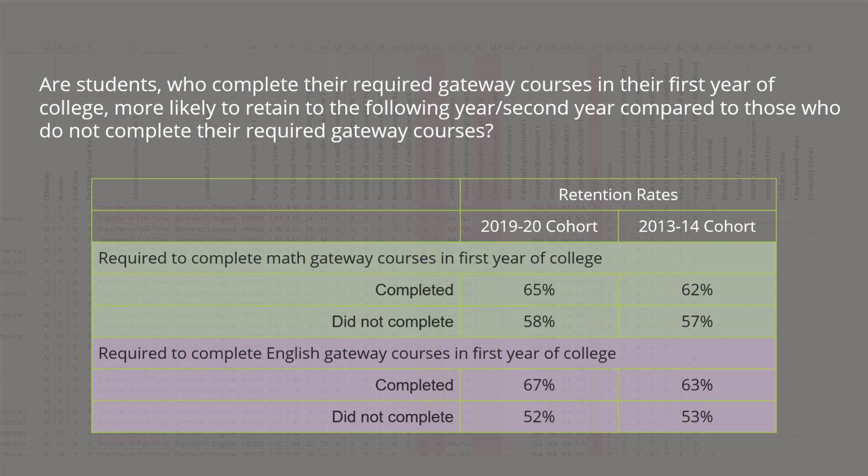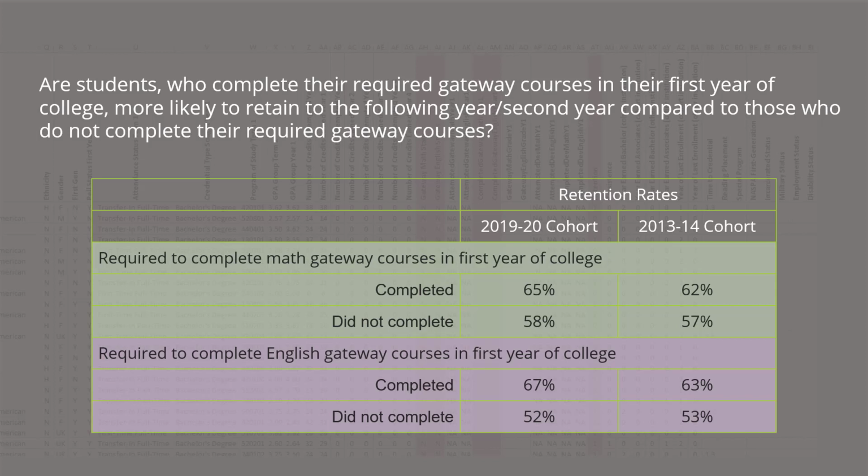However, only 58% of students who did not complete their Math Gateway course in their first year of college retained in the second year. Compared to the 2013-14 cohort, the retention rates remain consistent. Of students who completed their required English Gateway course in their first year of college, 67% retained in the second year, compared to 63% in the 2013-14 cohort.